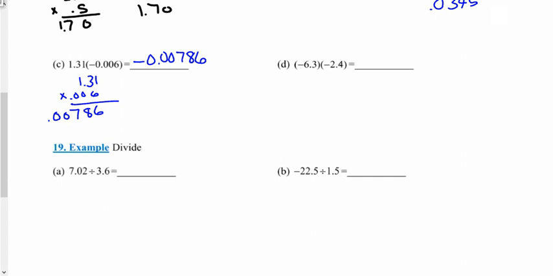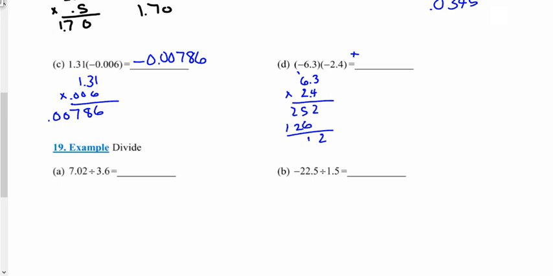Here I've got negative times a negative. That's going to result in a positive number. I've got 2 decimals here, so ultimately I will just have 2 decimals in my answer. Okay. We'll multiply these out. 4 and 6 make 24, plus 1 is 25.